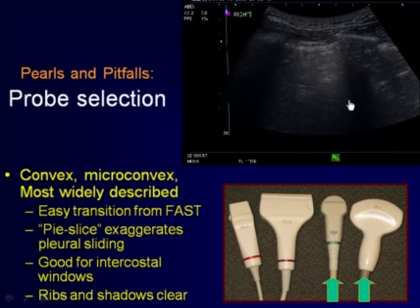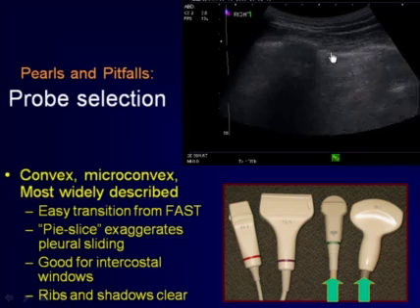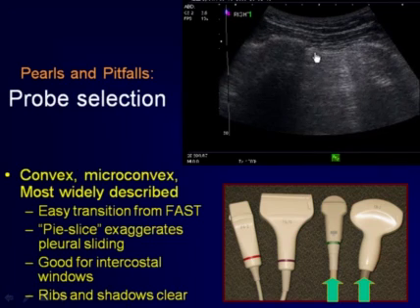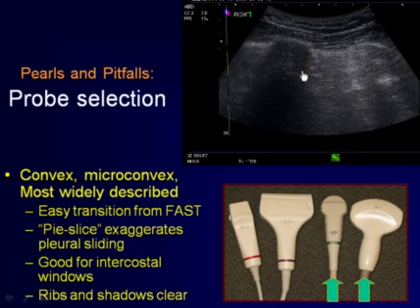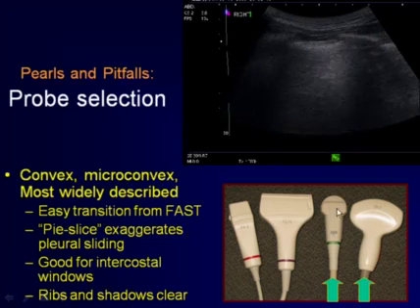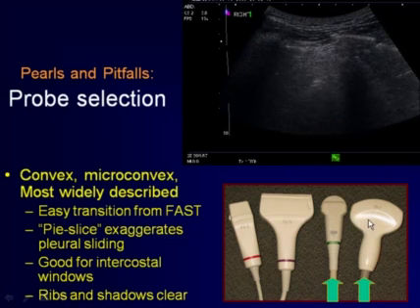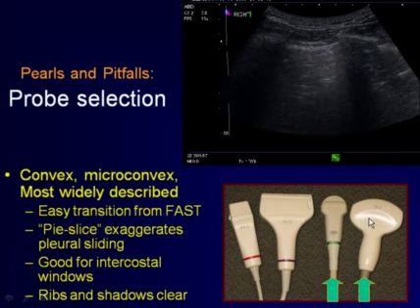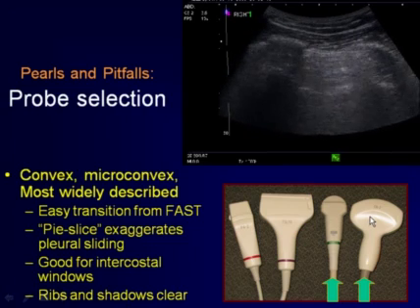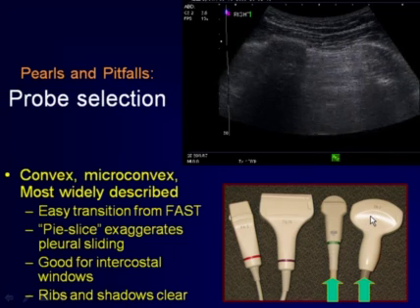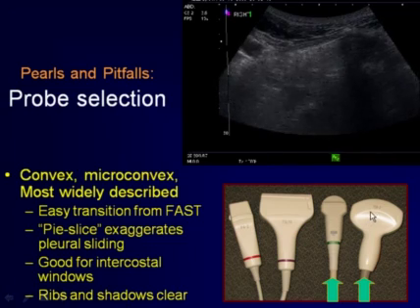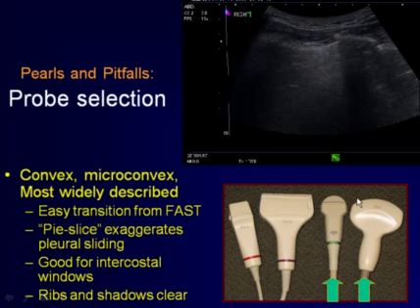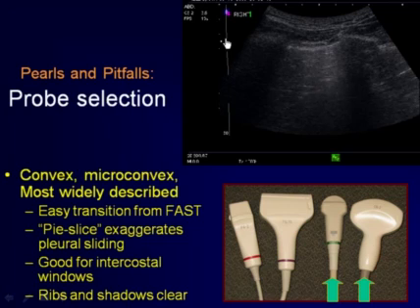They sweep backwards and forwards here. And sometimes people find it easier to use a curved array probe for that reason. A tight array probe or a loosely curved array probe works very well, usually at the upper range of its frequency, and as mentioned before, with the focus adjusted for superficial structures.